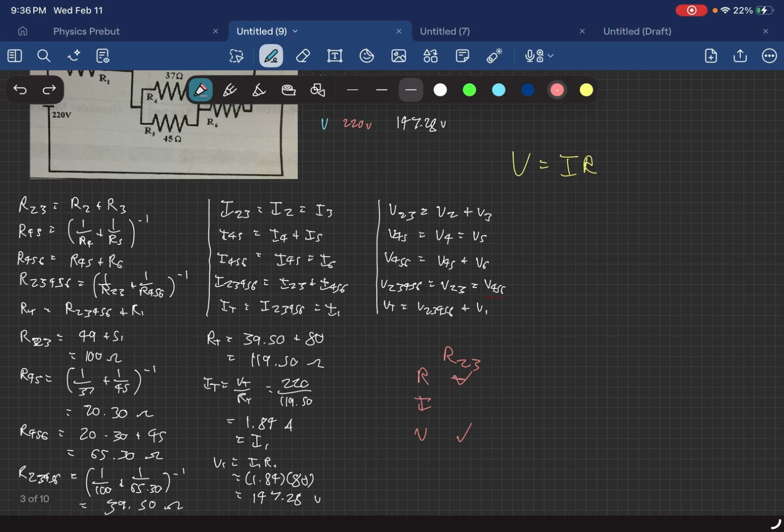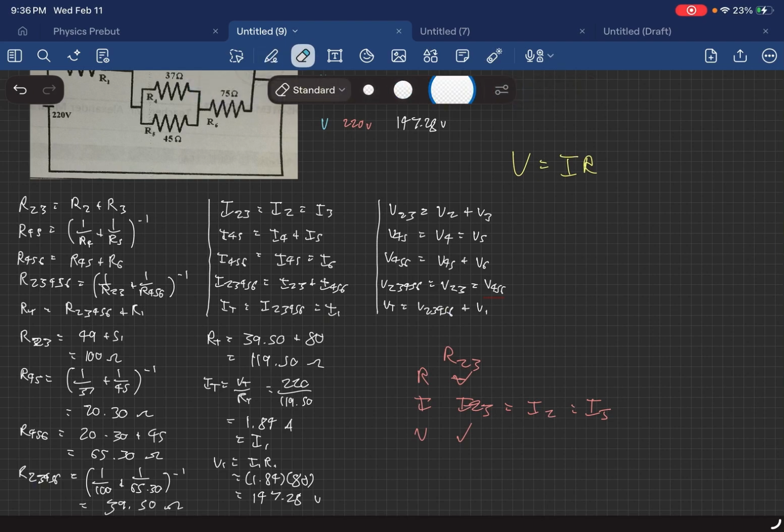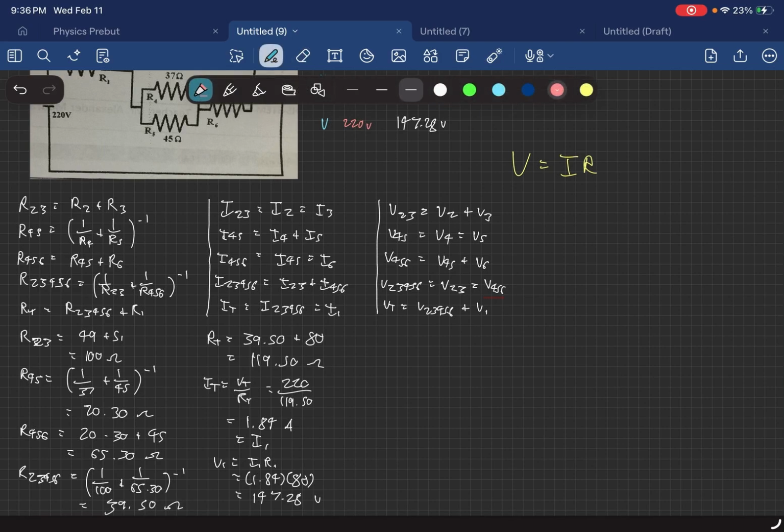And if you get I2 3, you can get I2 and I3, right? So that's basically the overall concept. Let's just solve for this. And you can also get the other values. I'll show you that later.